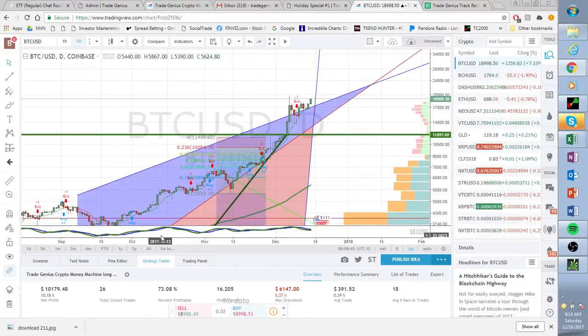But if you're a long swing trader, we developed this software to get you into the bigger moves and to avoid the big drawdowns, and that way you have capital to then deploy for the next move higher.